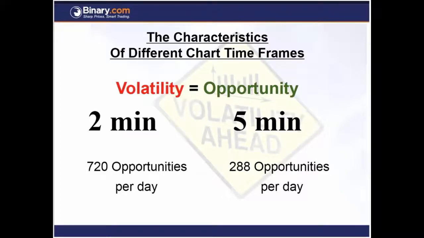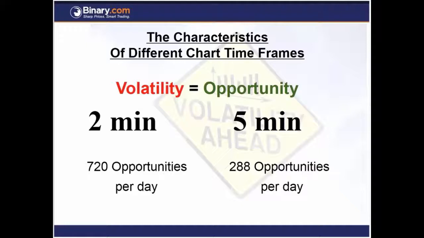More than likely, if you're trading currency pairs like the Euro USD, unless there's some major news or some major economic announcement coming out, there's very little volatility across the 2 minute time frame. When I say little volatility, I mean it's very rare that you get, let's say, a 100 pip move within a 2 minute time frame, unless there's usually some announcement or some news that's affecting the currency or the instrument you're trading.